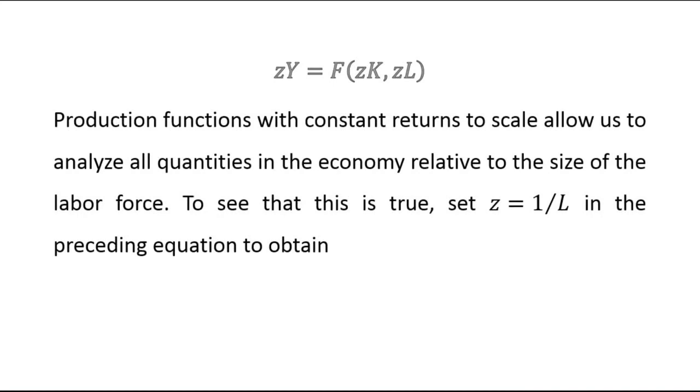of the labor force. To see that this is true, set z equal to 1 by L in the preceding equation to obtain: Y by L equals F of K by L comma L by L, which is equal to 1.